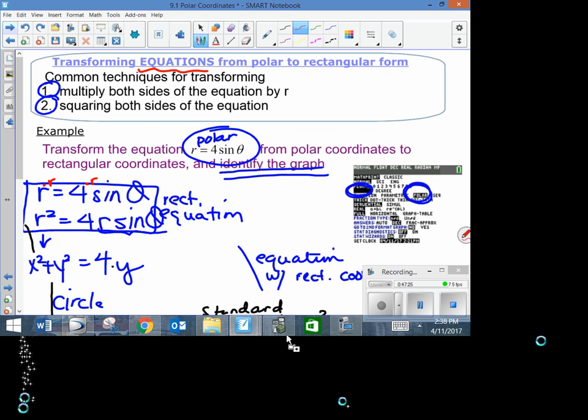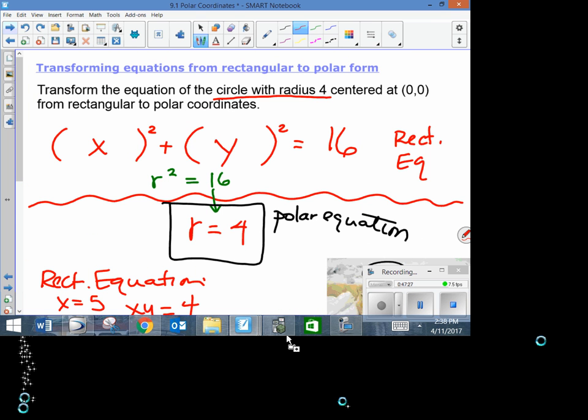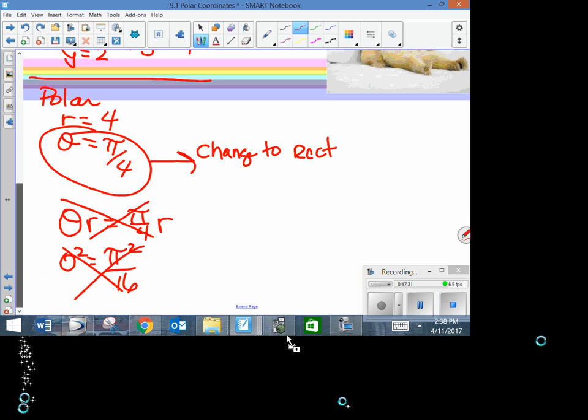Tangent both sides? You can do that. So take the tangent of both sides. Okay, what's the tangent of pi over 4?